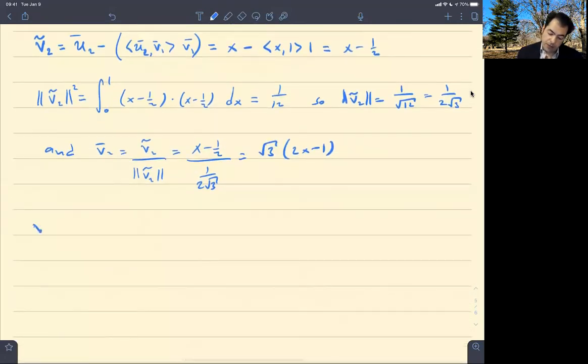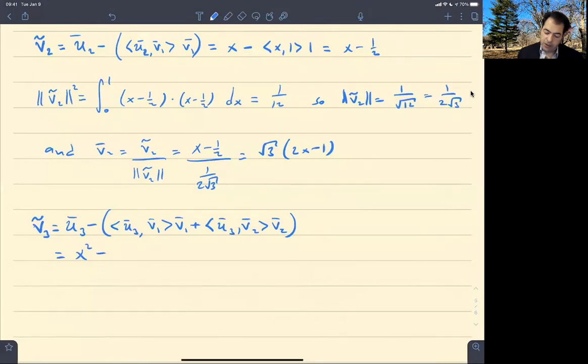So now V3, again, we'll find in 2 steps. V3 tilde would be U3 minus the inner product of U3 with V1 times V1, plus the inner product of U3 with V2 times V2. In this case, U3 is x squared, and I'm going to subtract the inner product of x squared against V1, that's just the function 1, times 1.